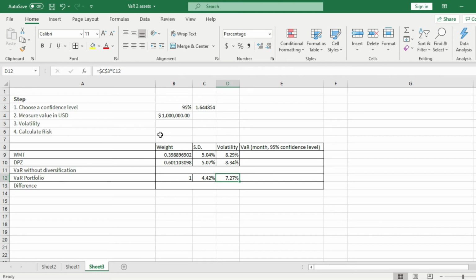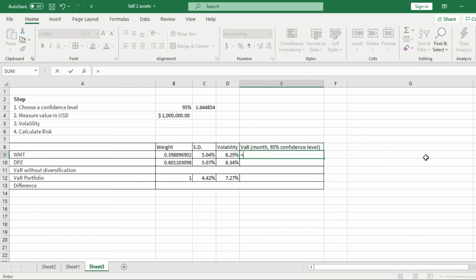Now we can compute the value at risk for 1 month. We have to remember we are using a monthly standard deviation, so we are computing the value at risk for 1 month and at a 95% confidence level. We are going to multiply the value of the portfolio, or in this case the value that we are investing in the individual asset.